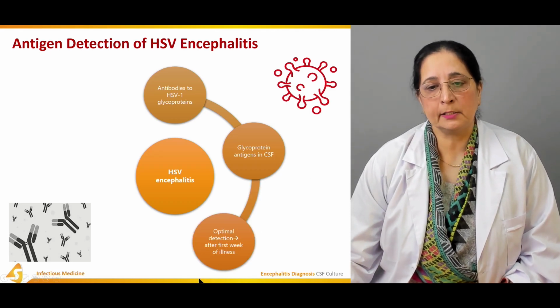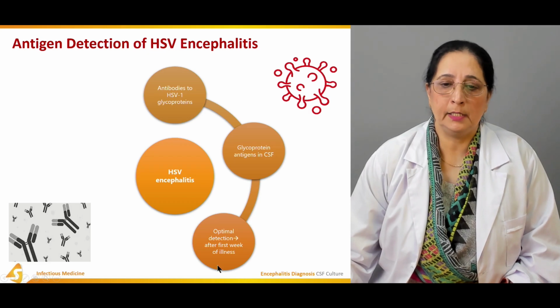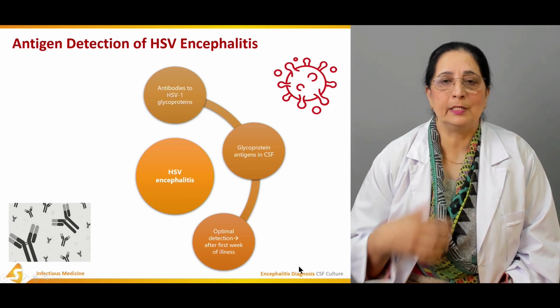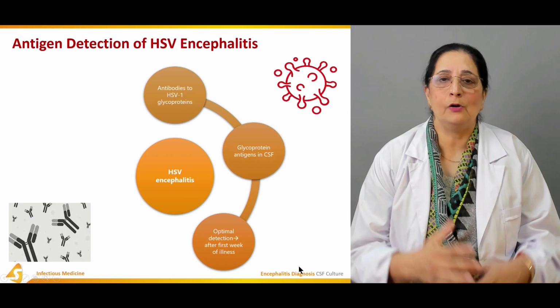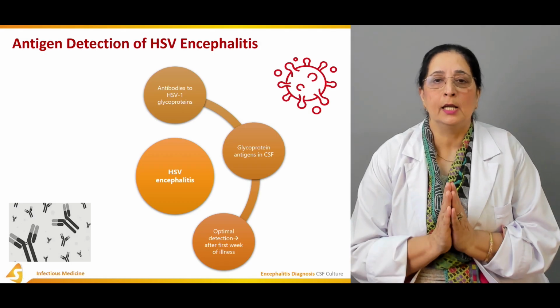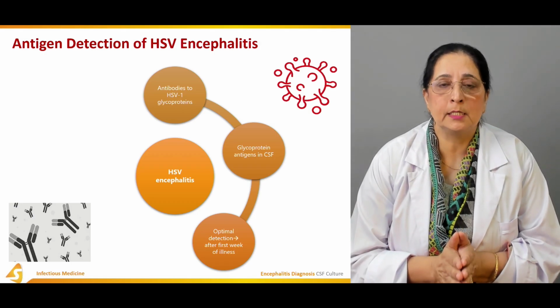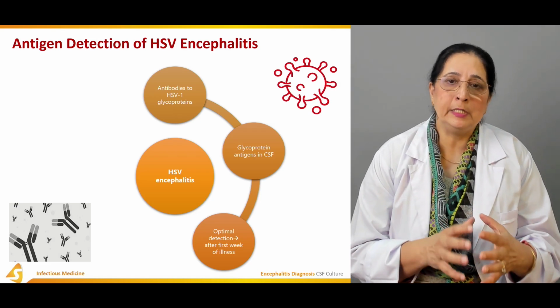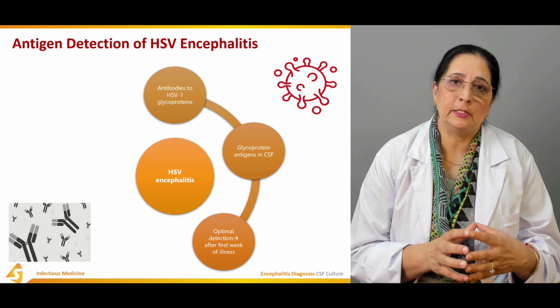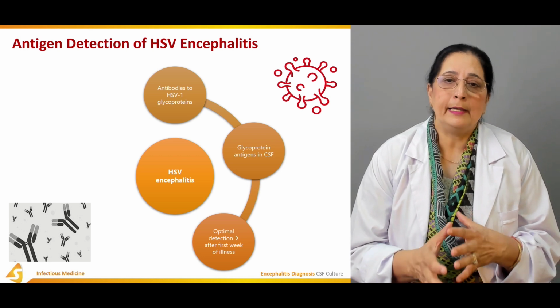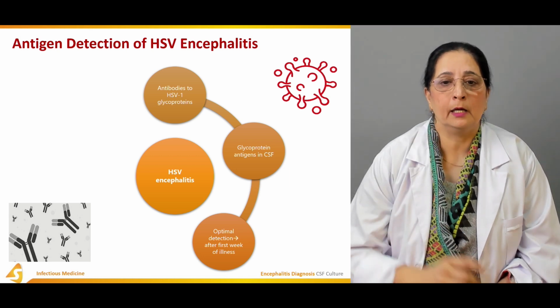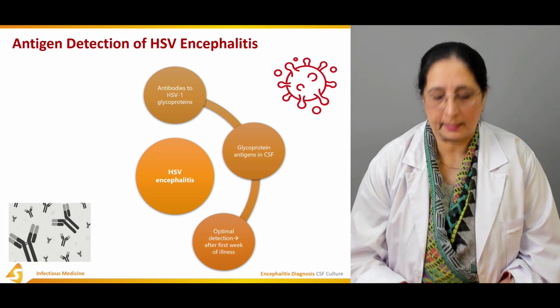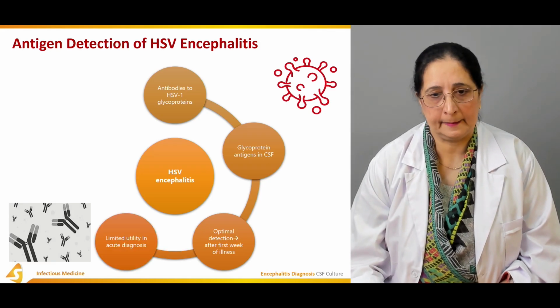Also, optimum detection is after the first week of illness. So we cannot detect these antigens and antibodies immediately. It's after the first week of illness. So acute detection of this illness is not possible by finding the antigens against herpes simplex virus encephalitis.